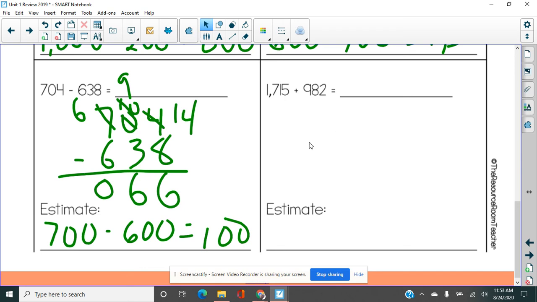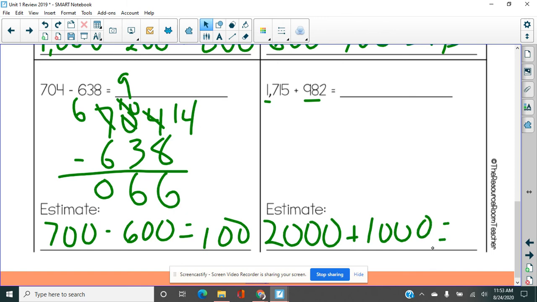Alrighty, last one. Estimate first, then do this problem. All right, let's see. If I estimate this, I'm taking this to 2,000 and this to 1,000. So I'm expecting to get an answer around 3,000 because I'm adding them. Oh, did you subtract them? Uh-oh.